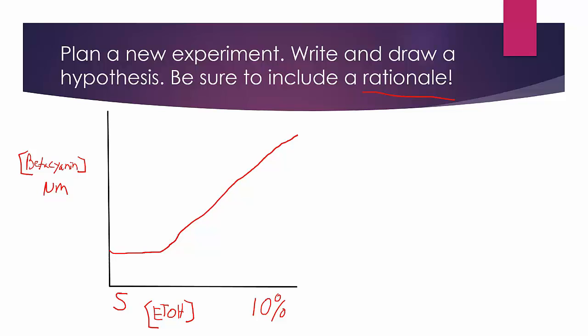So my hypothesis might be something along the lines of: as ethanol concentration increases above 5%, cell membrane damage will increase as well.